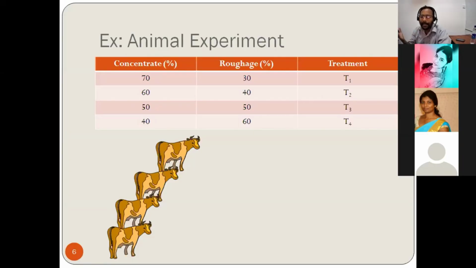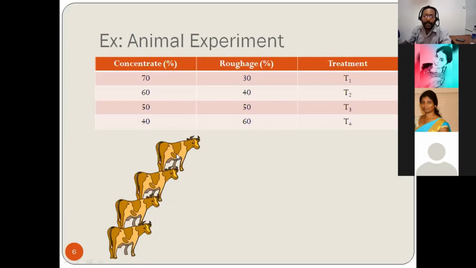So I want to evaluate whether the first combination gives a higher milk yield, or the second, or the third, or the fourth. That is my objective. Clear?